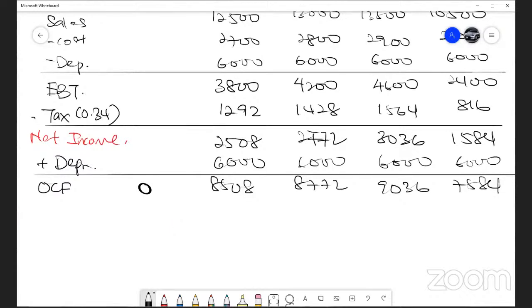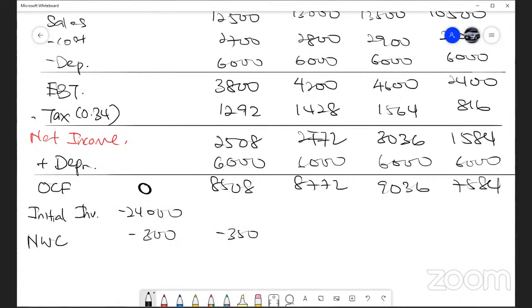So initial investment in year 0. Okay, the whole project costs you $24,000 in year 0. So here is negative $24,000. Your NWC, even in the table, here negative 300, negative 350. Net working capital is going to be negative.